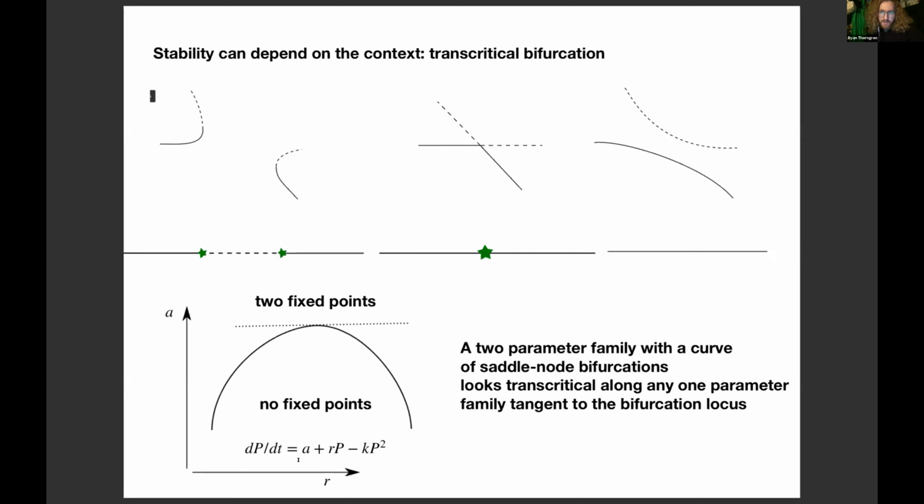We didn't have this constant term, and we would never think to add it, because why would there be a constant factor in the growth of the population? Or to say it another way, we expect that p equals 0 is always a fixed point. If there's no population, how is it going to change, right?